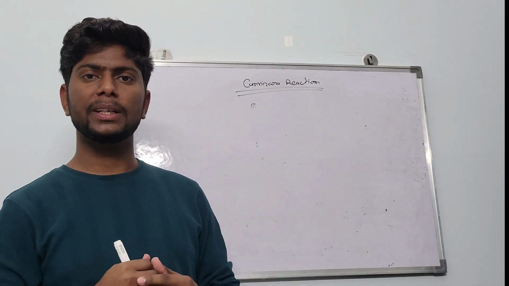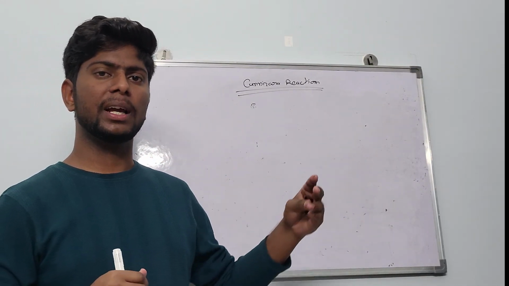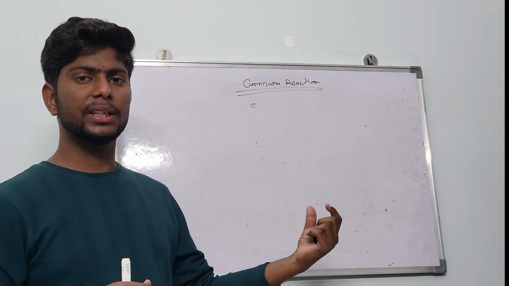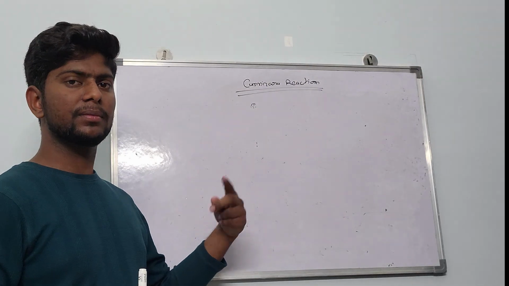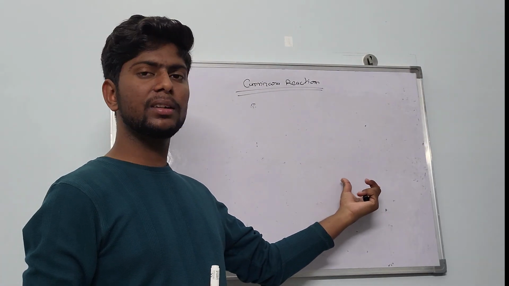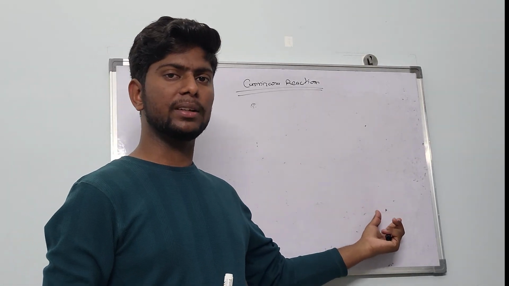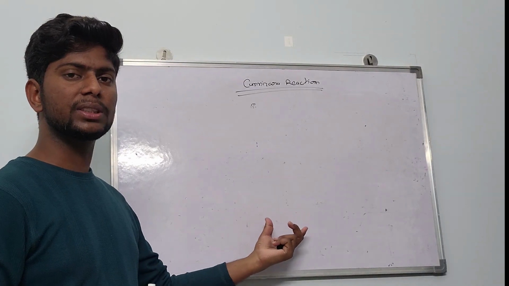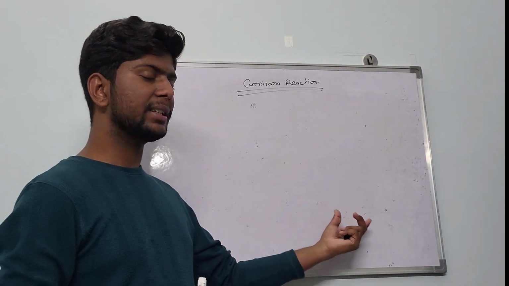The O minus attacks the carbonyl compound, and from here we get our dianion. In the second step, we use the dianion that we got from the first step, and from it we get the carboxylate and the alkoxide. In the third step, from the alkoxide and the carboxylate ion, we get our product.